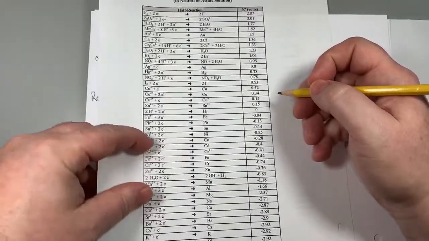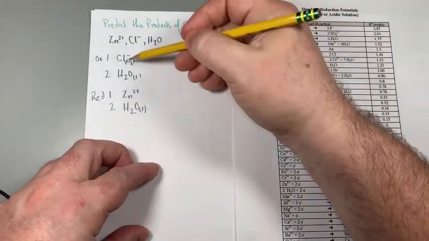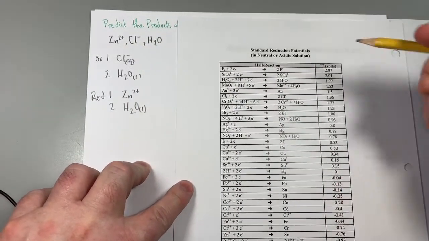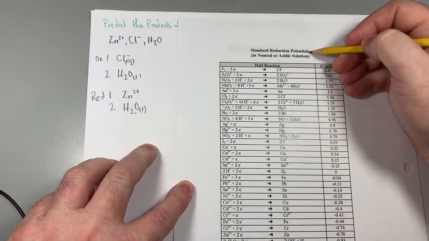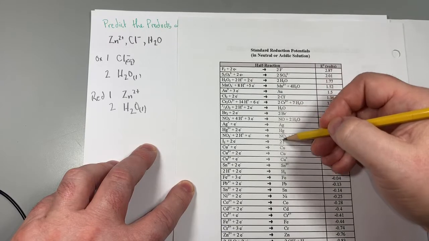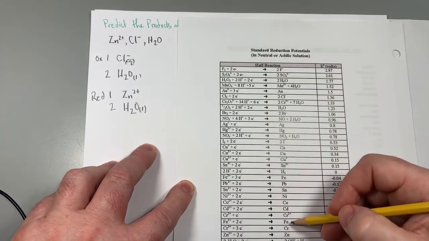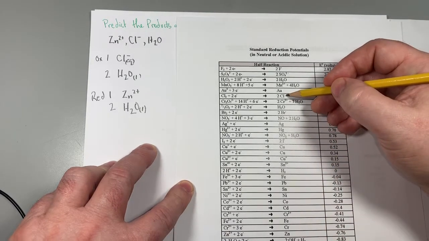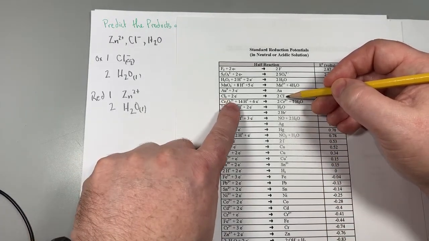For the oxidation of chloride, remember this table is a table of reduction potentials, so I need to reverse this. I need to find chloride ion on the right side to reverse the reaction. So here's chloride ion on the right side.